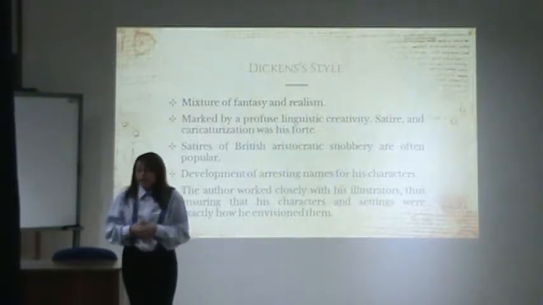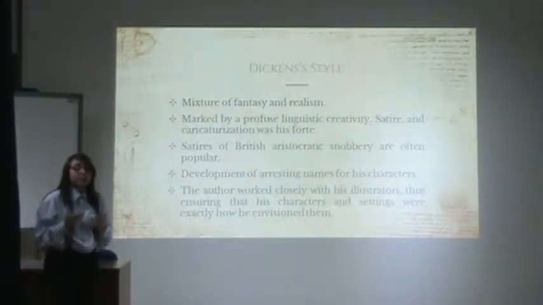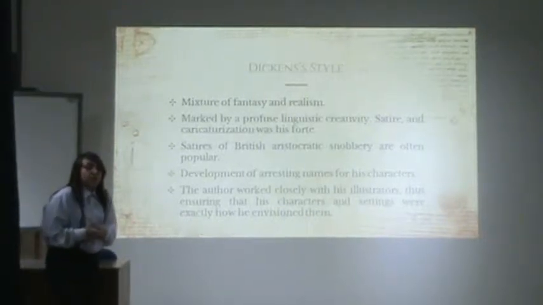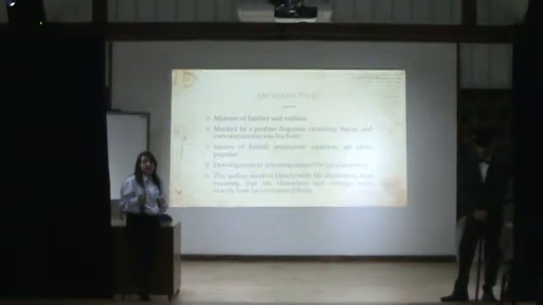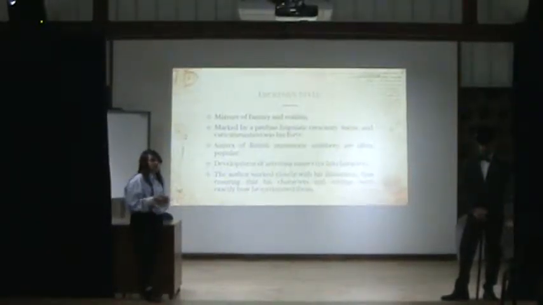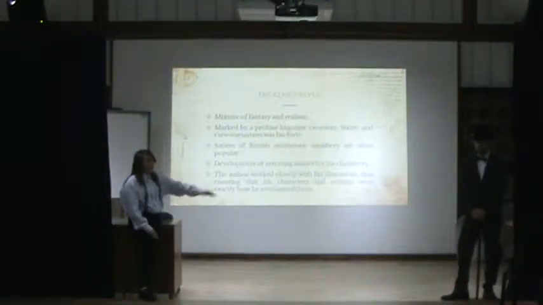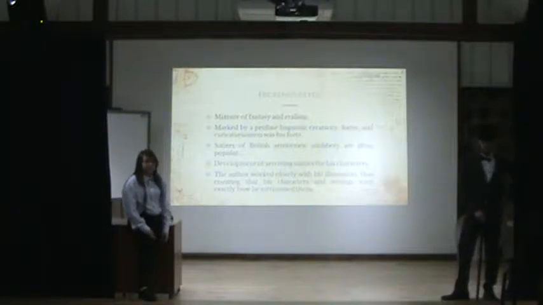Dickens' style: well, he used to mix realism with fantasy, because he used to compare the characters of his books with things. For example, in the case of Oliver Twist, he compared Oliver Twist with furniture or socks, and people from the aristocracy with refrigerators and machines and things like that.